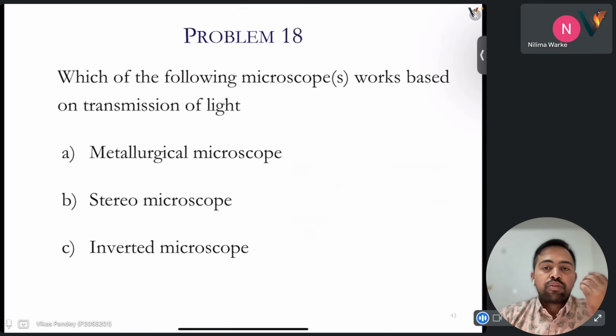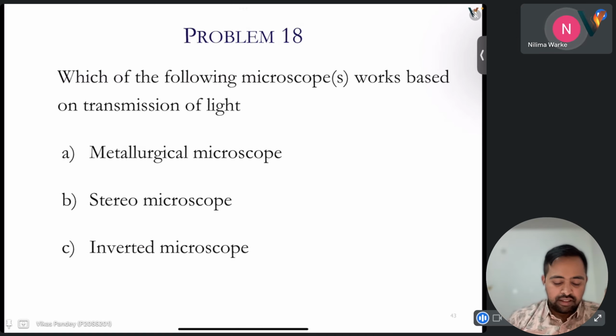Which of the following microscopes works best on the transmission of light? Metallurgical, stereo, or inverted? Both the metallurgical as well as inverted one.